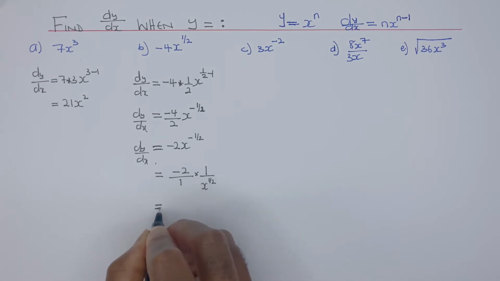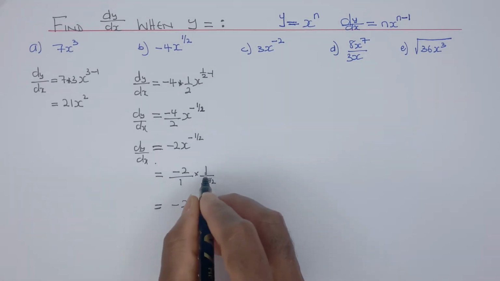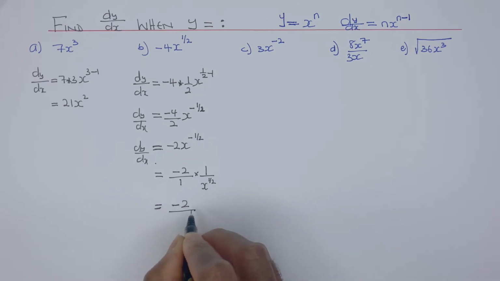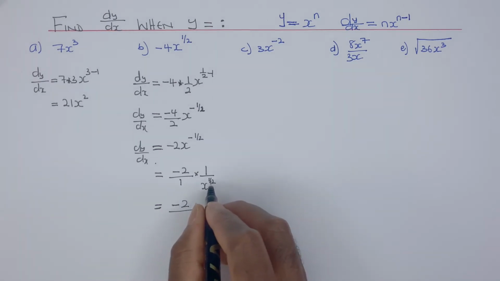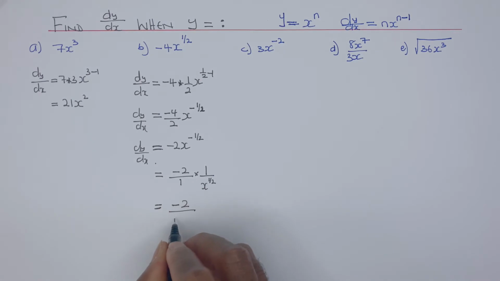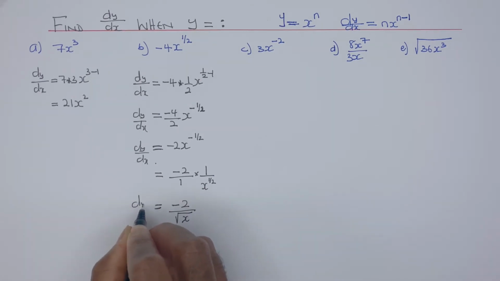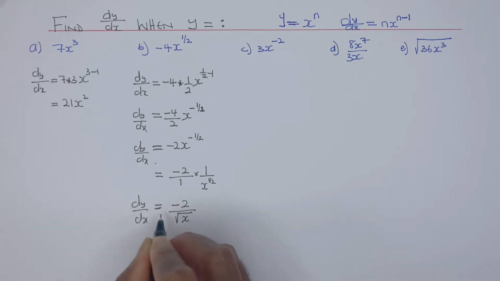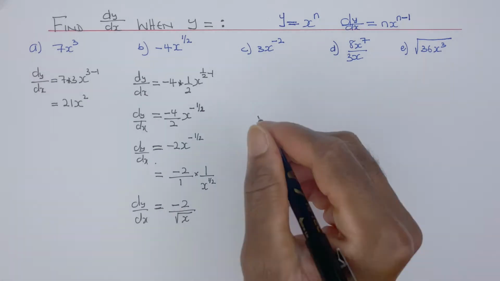And that will be minus 2 times 1 is minus 2 over, now x to the power of a half is root of x, so that will be root of x for dy/dx. So dy/dx equals minus 2 over root of x.